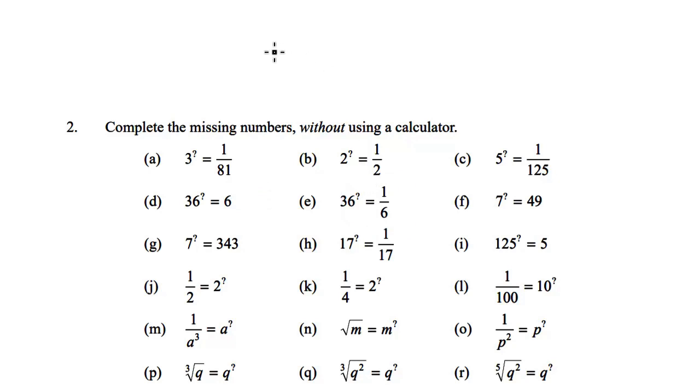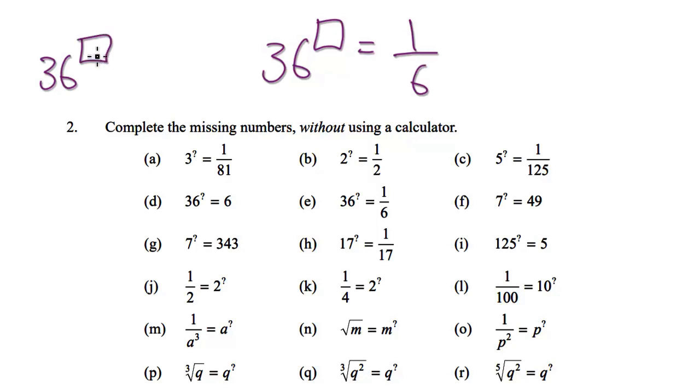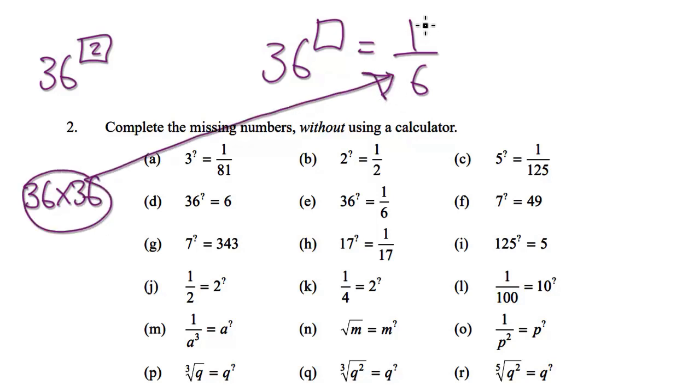Now this one here. Your job is to guess 36 to the power of what equals 1 over 6. If you put a positive number in here, let's say 2, then it would mean 36 times 36, which is miles bigger than this thing here. So don't put a positive number in here.